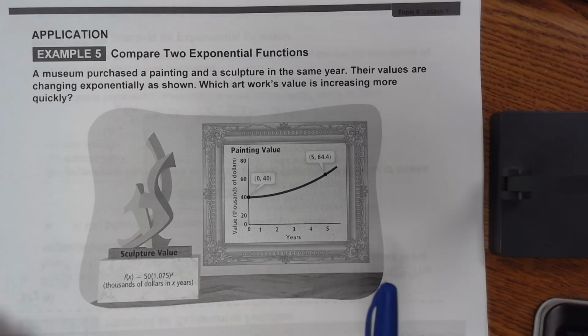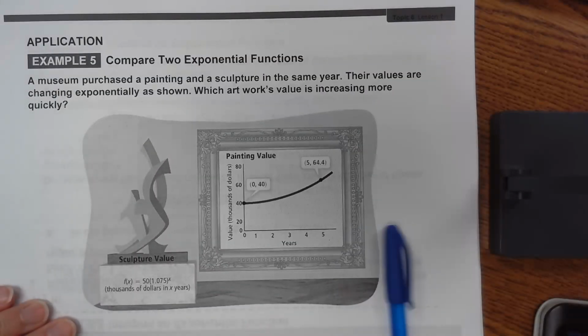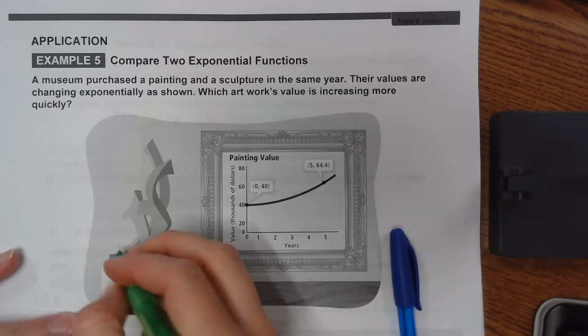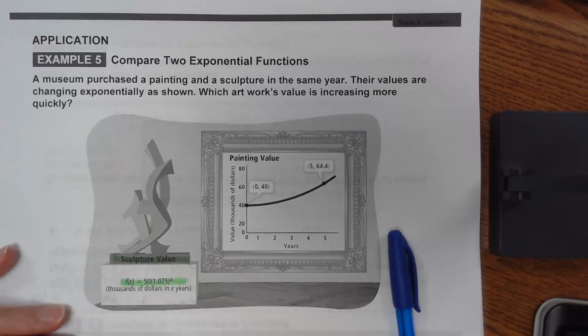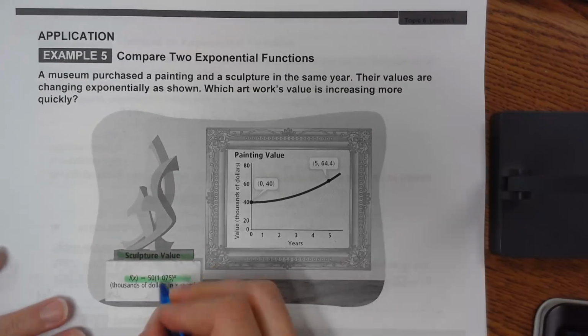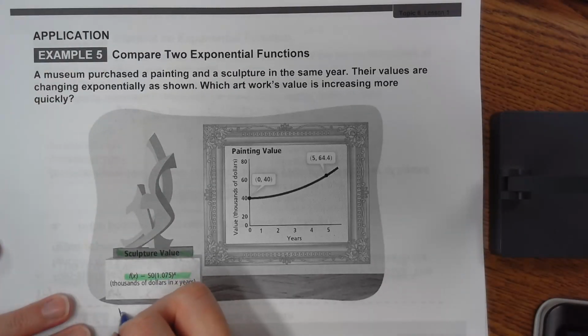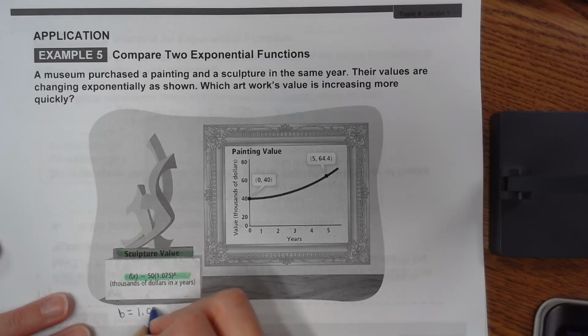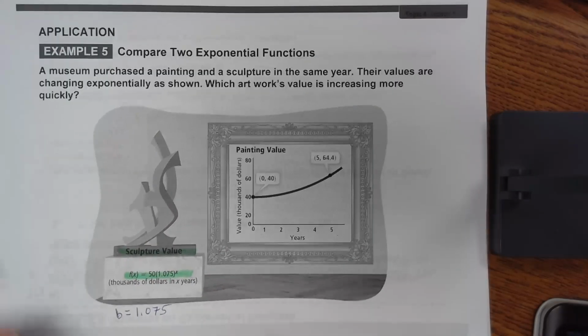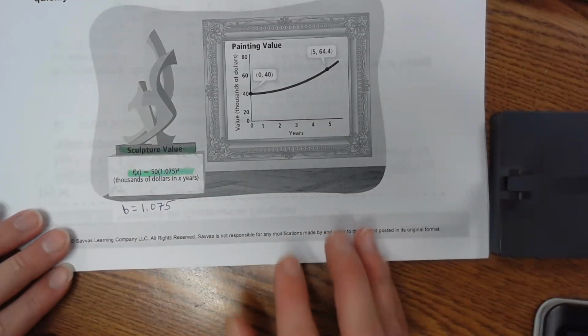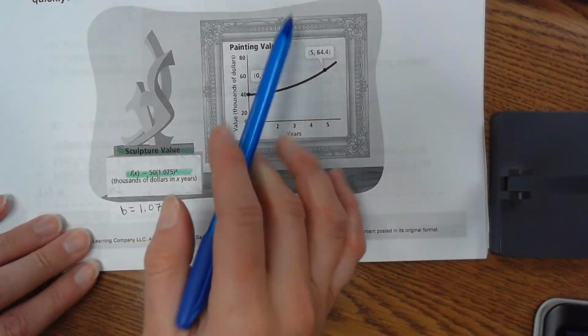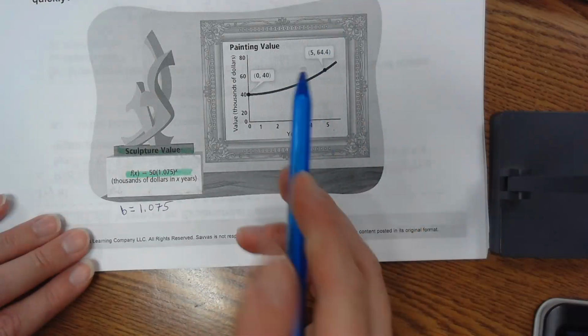Now, this first one, the sculpture value, we have it. And so we have our b is 1.075. And so if I look at that, what is that a rate of? We're trying to figure out which one's increasing more.